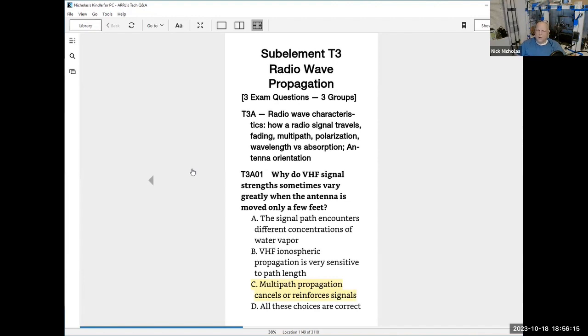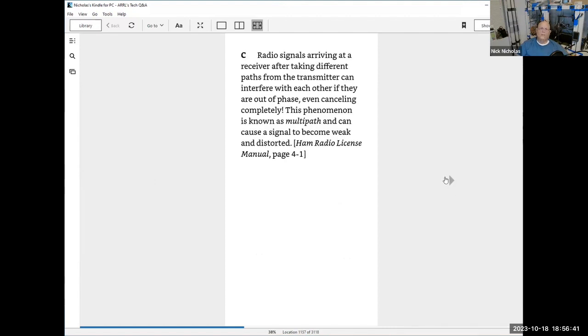There is some types of skip for VHF, but it's not ionospheric skip. And water vapor has very little to do with radio signals in the VHF spectrum. They can have effects in the microwave spectrum, but not in the VHF spectrum. So the answer is C.